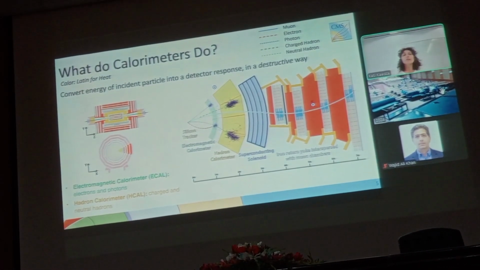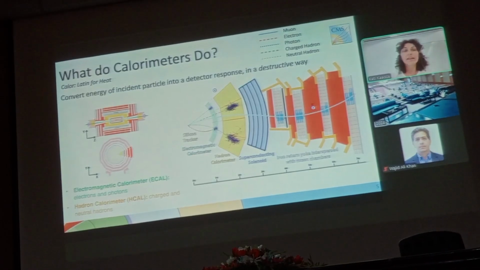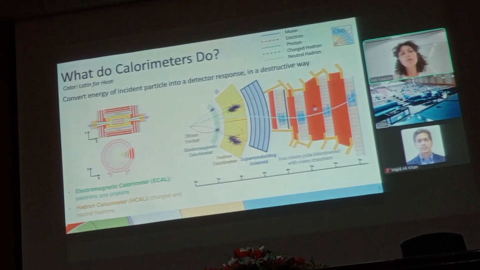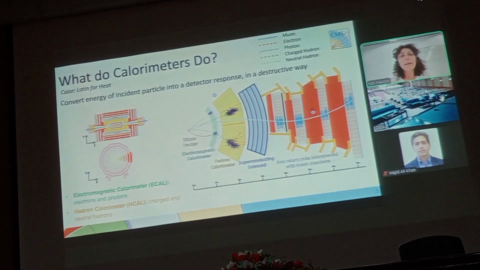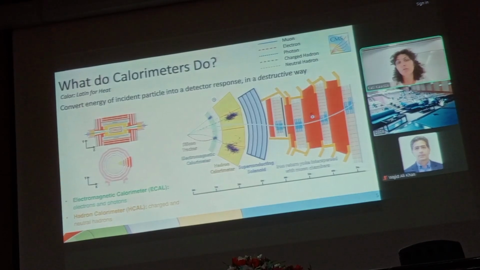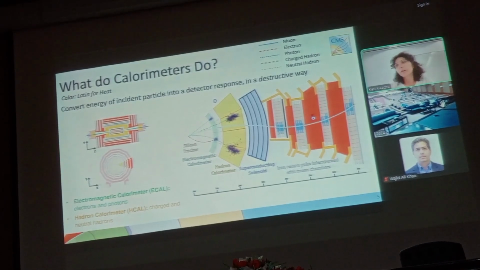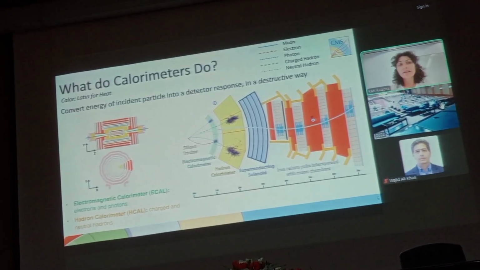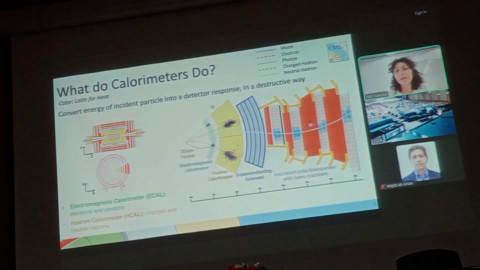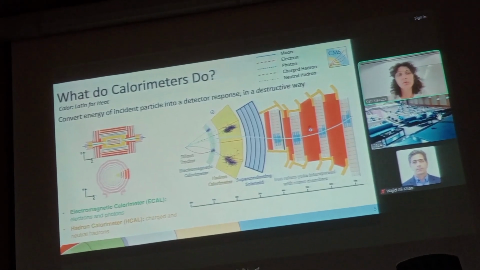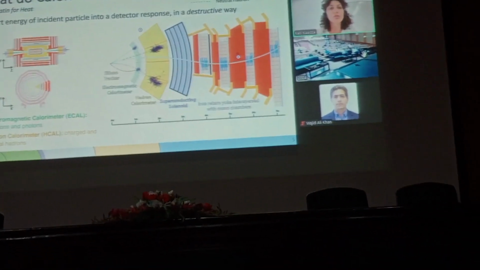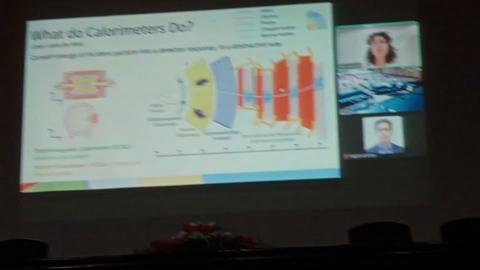So calorimeters are actually the detectors that try to measure the energy of incident particles. And just to remind you, calor is a Latin word for heat, and meter, we all know, is an English word, so to measure. And that's what calorimeters do.